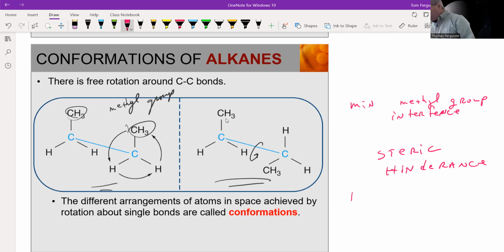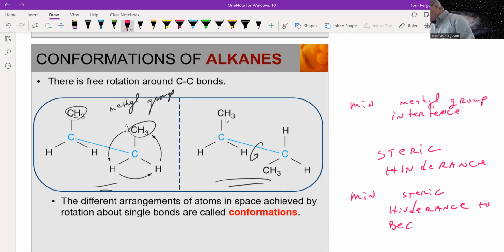Now when we get into reactions, we haven't talked at all about reactions yet, you frequently will get a mixture.